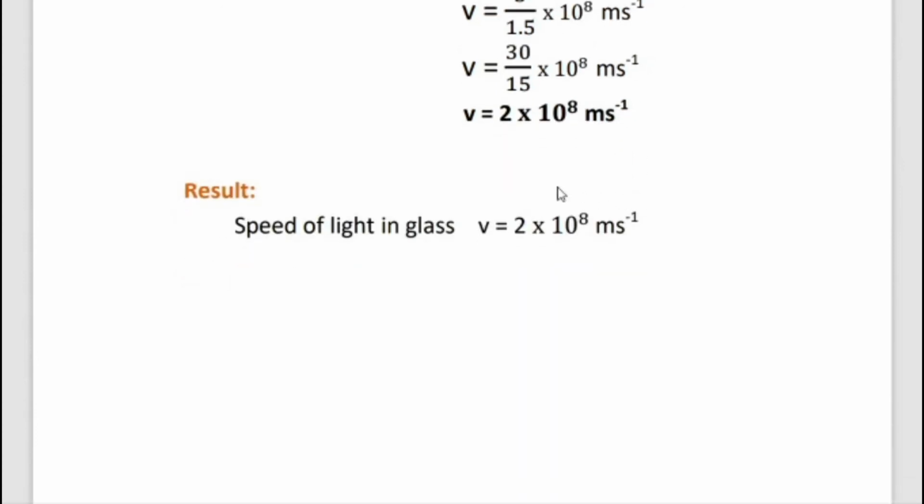We know the answer of 30 by 15 is 2. So V is equal to 2 into 10 power 8 ms power minus 1. Ms power minus 1 is the SI unit of speed, meter per second. So result: speed of light in glass V is equal to 2 into 10 power 8 ms power minus 1.